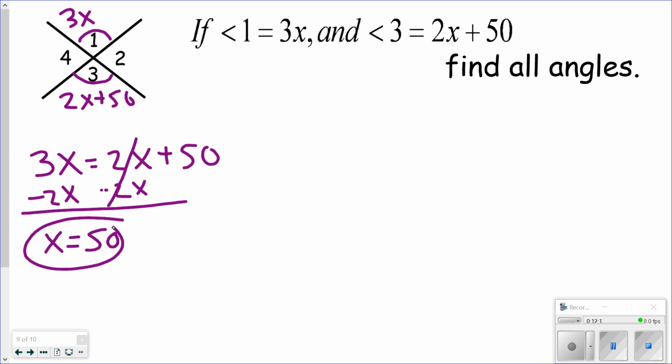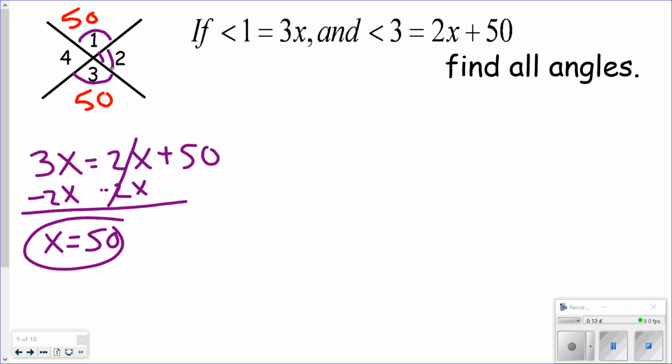All right, so I erased my equation in my diagram, and now I'm going to write that angle 1 is equal to 150, and angle 3 is equal to 150. Now I need to figure out what the measure of angle 2 and 4 is. All right, well, once again, angles 1 and 2 are what type of angles? Supplementary angles, which means they add up to 180.